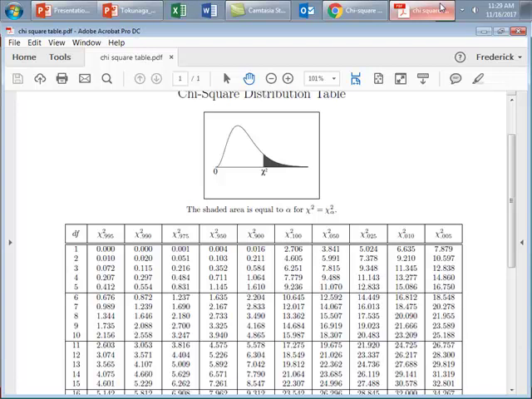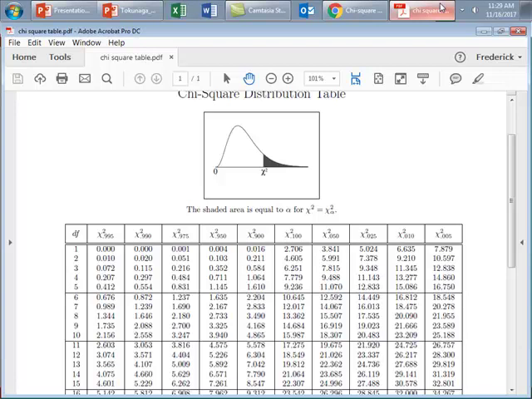Right? This part over here, that's a tail. Is this a tail? No, not a tail. Tail is the part that goes out longer. If you forget, look at it like a cat, a dog, or a squirrel or something. The tail goes out longer. So we've got one tail in a chi-square, and it reminds you, right here, the shaded area is equal to your alpha.